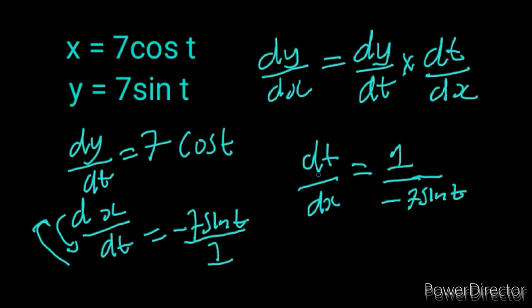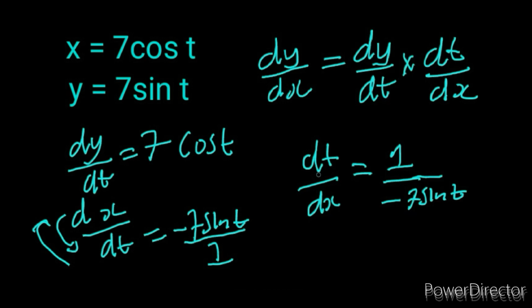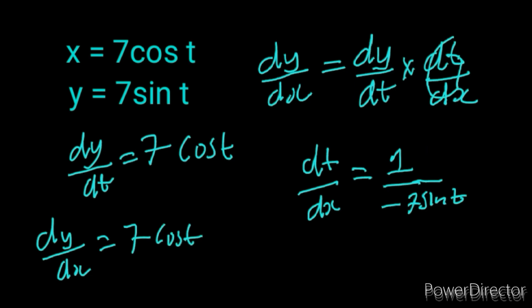Now that we have found it, we can simply substitute this part into this part of the equation and this part into the other part of the equation. So the derivative of y with respect to x is equal to, this part is actually this information, 7 cos t, and then this part is this information, times 1 over negative 7 sine t.